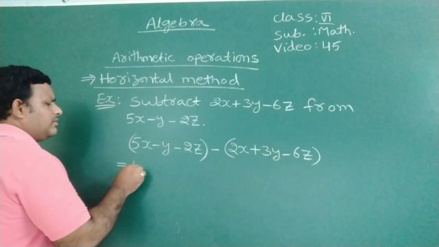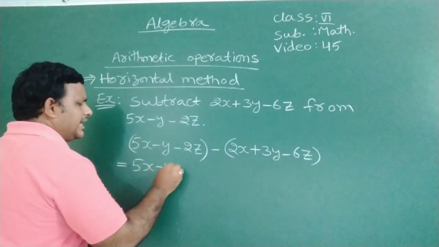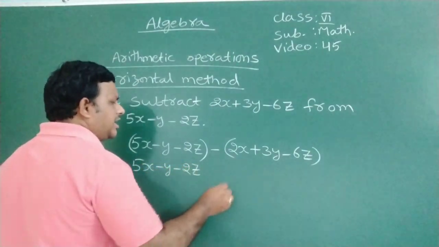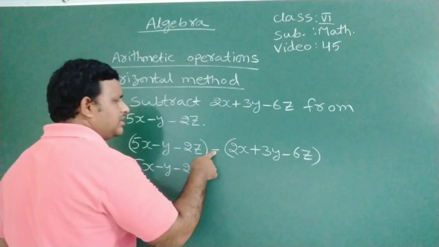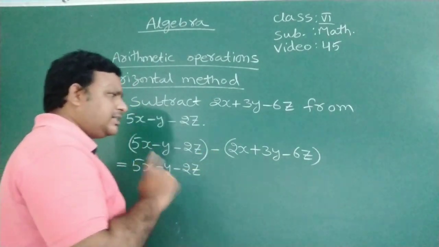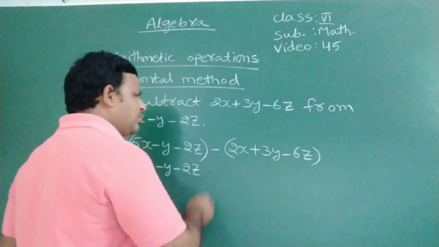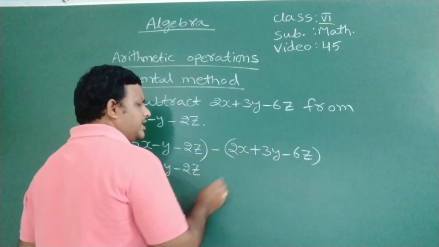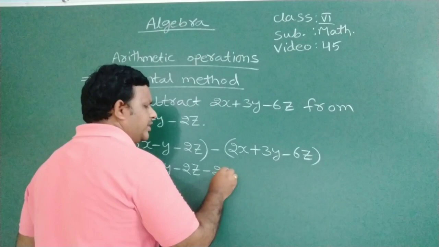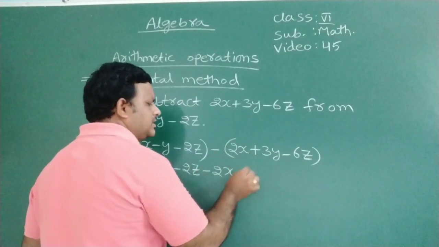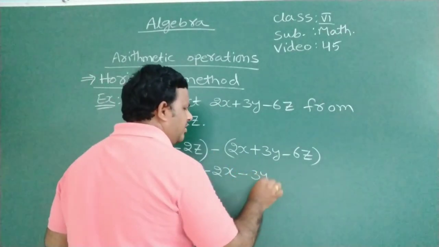Now the second expression we will write as it is, and in front of the first expression we have a minus symbol. That's why the signs of the terms will change here. Minus into plus 2x becomes minus 2x. Minus into plus is minus 3y.